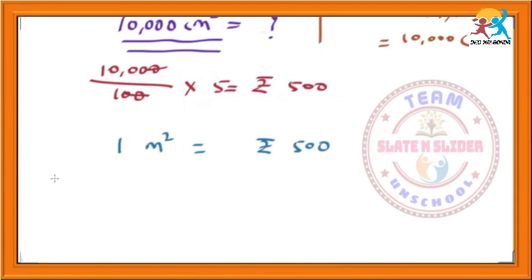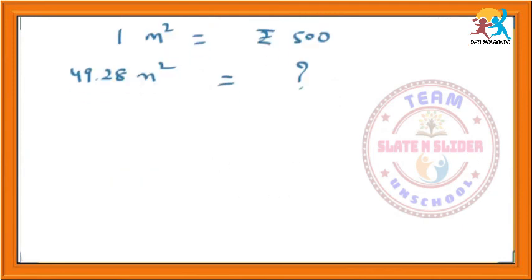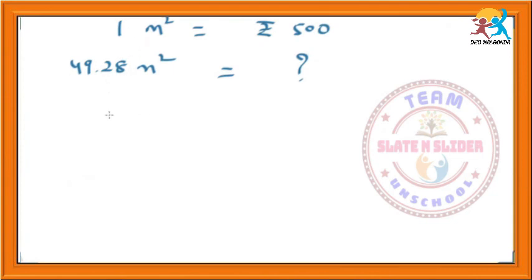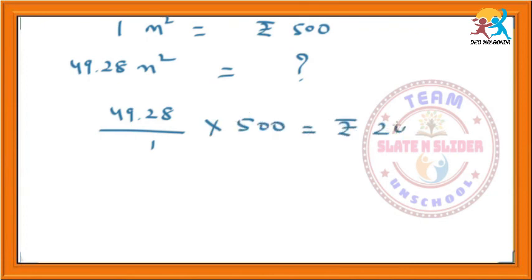Then in our question we got 49.28 meter square is equal to how many rupees? For 1 meter square only it is 500. For 49.28 meter square it is more. So that among these two the more value is 49.28 by 1 into 500. So we get 24,640 rupees. So like this you have to finish all the sums from exercise 10.4.